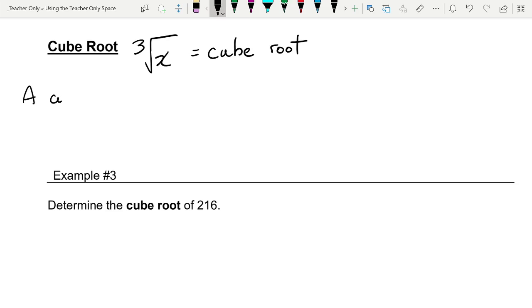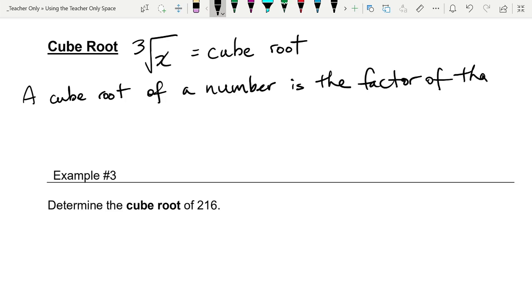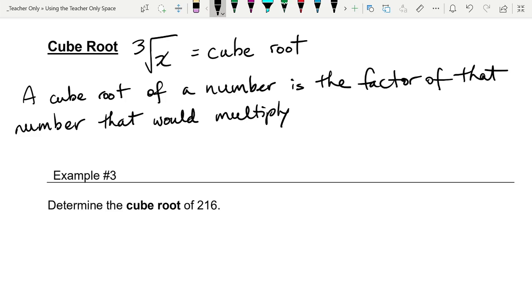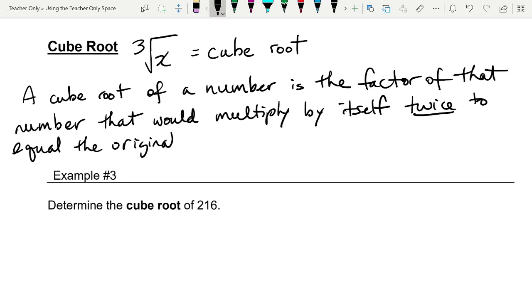And I would say in words, a cube root of a number is the factor of that number that would multiply by itself twice to equal the original number.